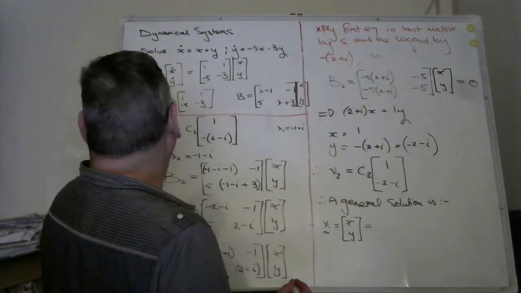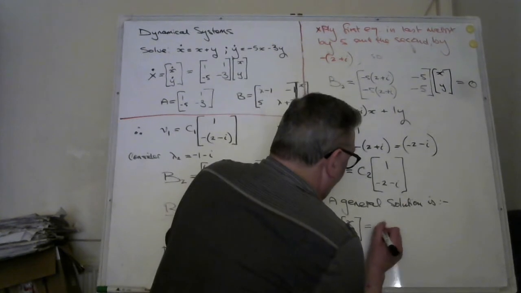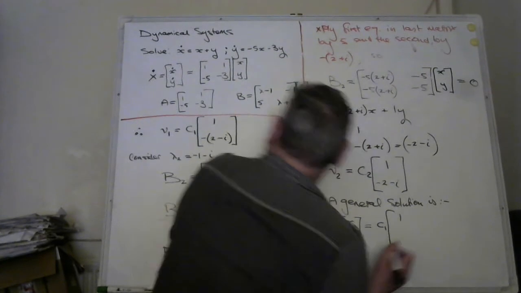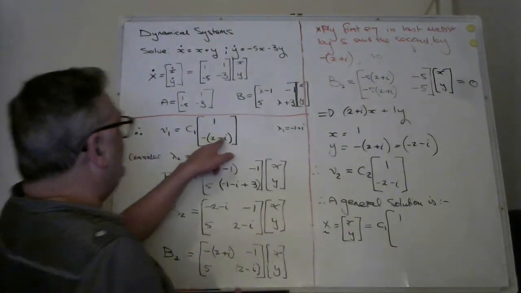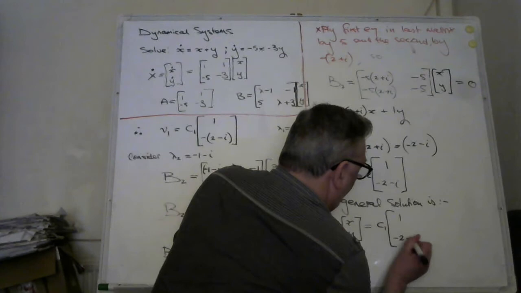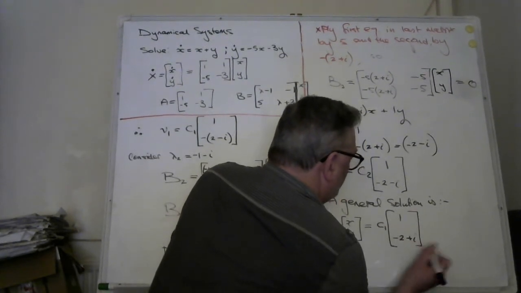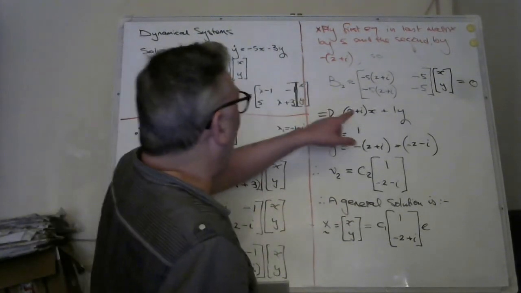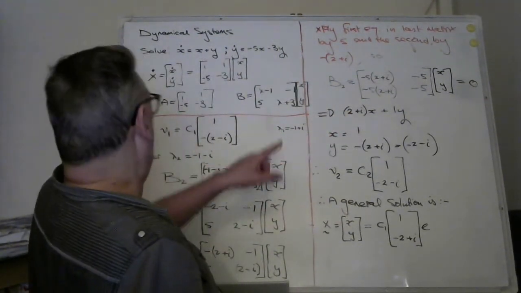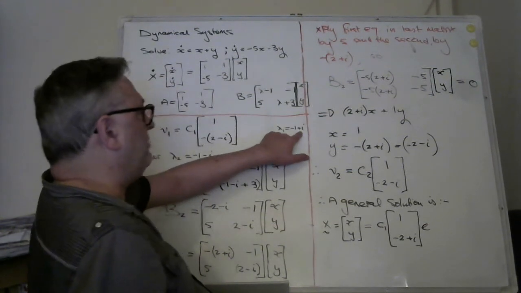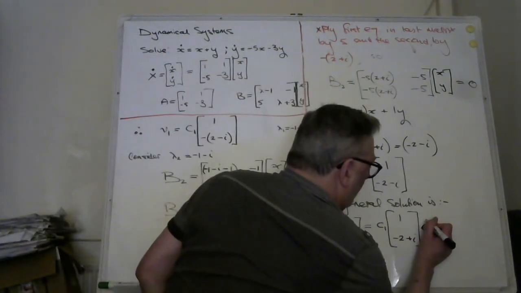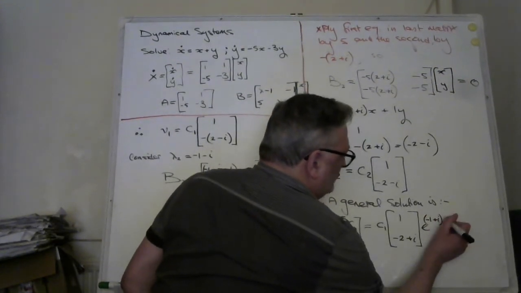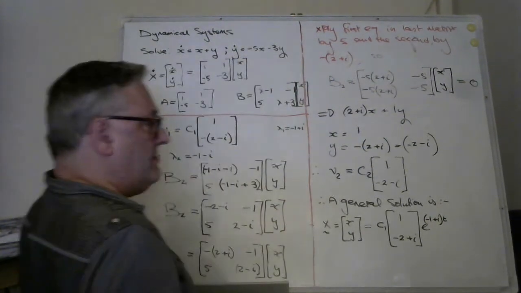So that's equal to, well, the first vector is c1, 1, and I'm going to write that as minus 2 plus i, times e. Now this time we know that lambda 1 is minus 1 plus i. So we put minus 1 plus i, put brackets round it, and then t.